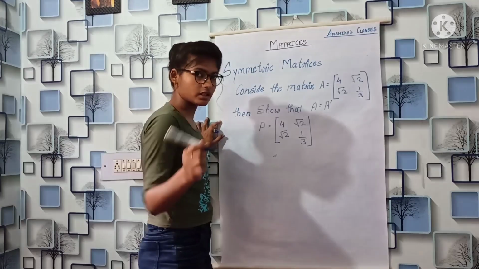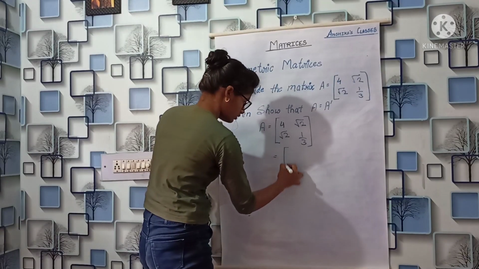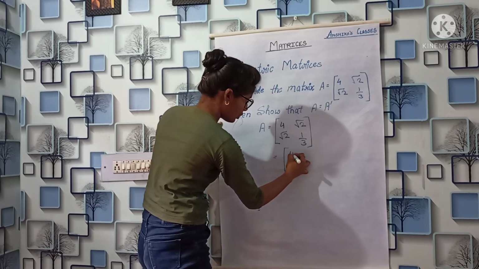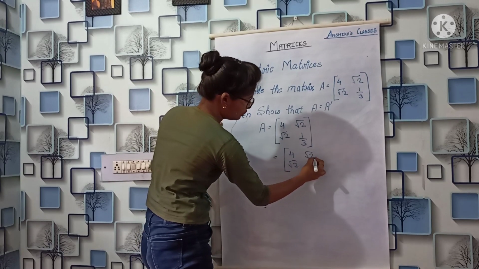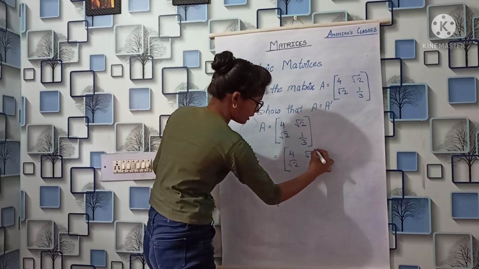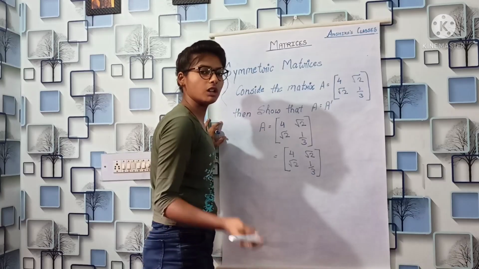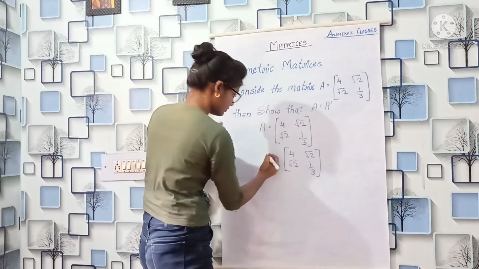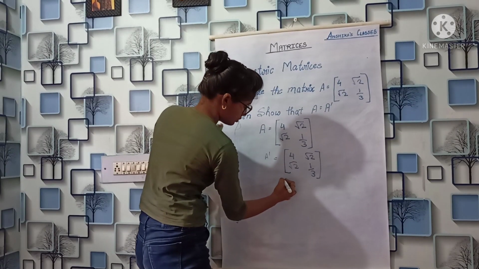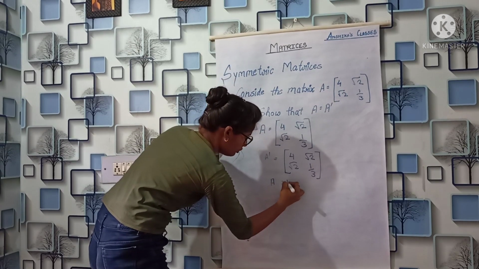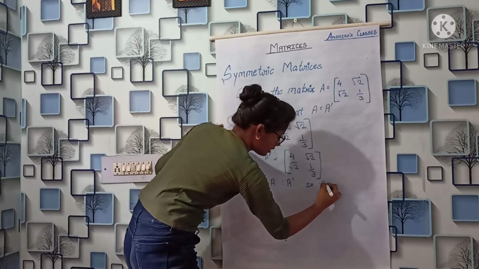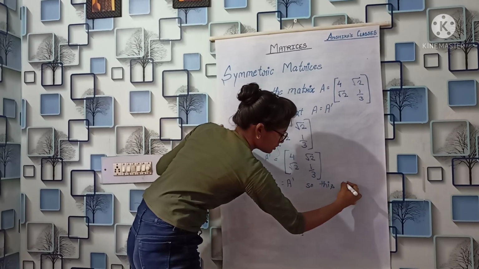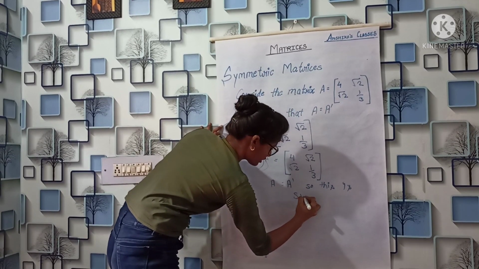Then A dash is 4, root 2, 1 by 3. Row converts into column and column converts into row. So A is equal to A dash. So this is a symmetric matrix.